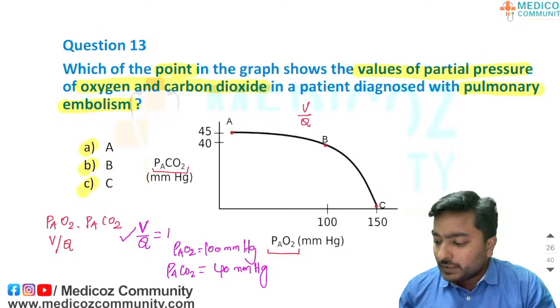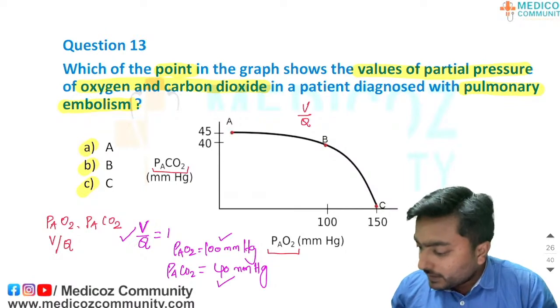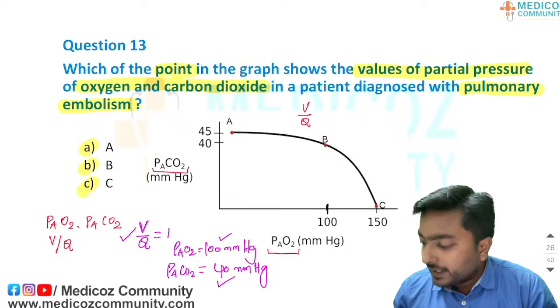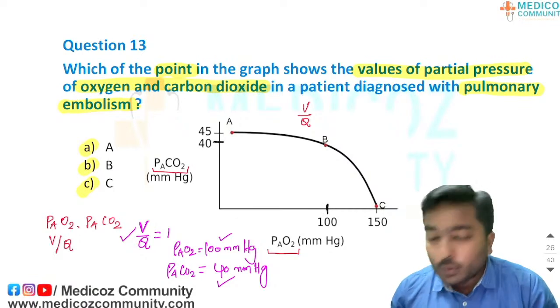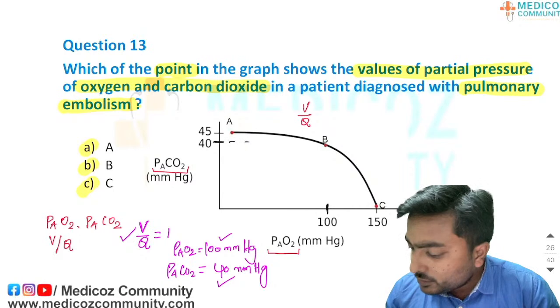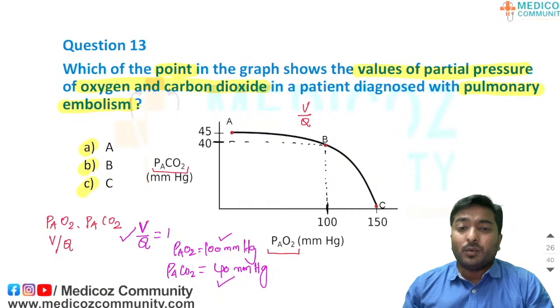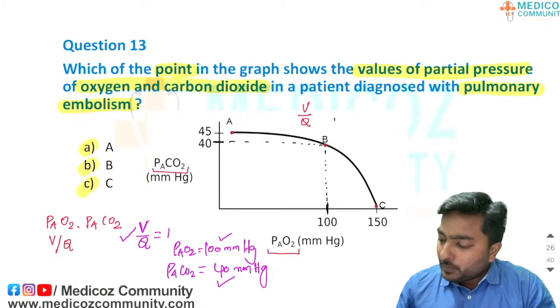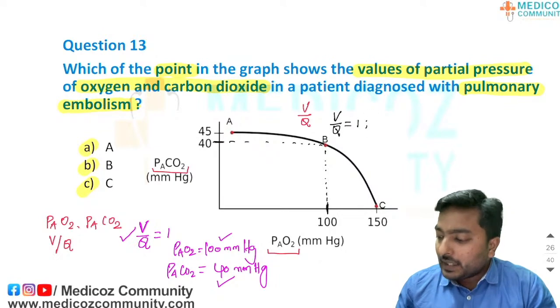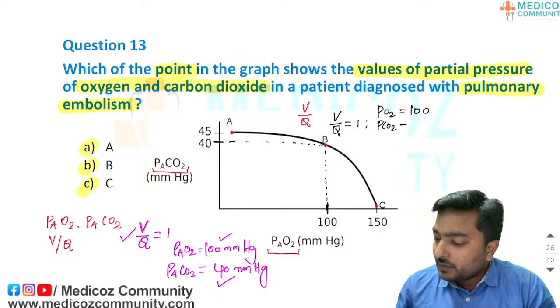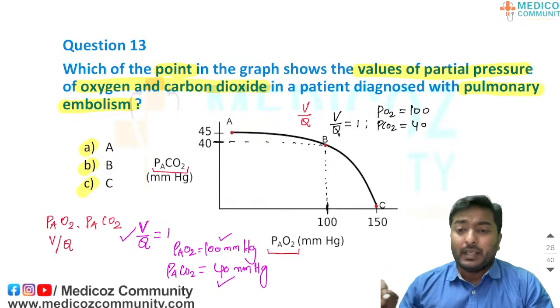Try to plot these values in the graph. The x-axis is the PaO2 of 100 and the y-axis the PaCO2 of 40. If we join these 2 points, it comes to point B. So point B is where the V by Q ratio is equal to 1, and our PO2 value will be 100 and PCO2 value will be 40 millimeters of mercury.